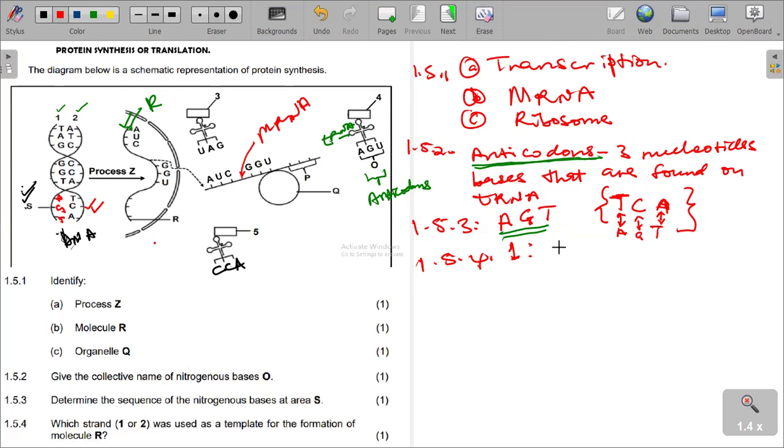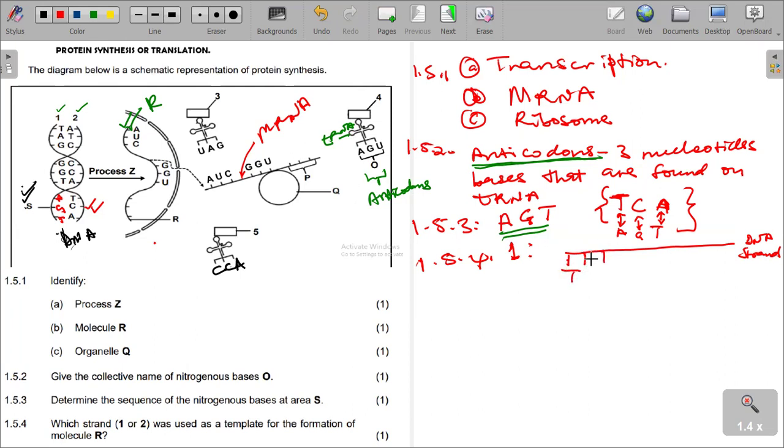The strand that was used, this is a DNA strand. Let me just put it horizontal, so that we can get it right. We are saying our DNA strand there is supposed to have the complementary nitrogen bases there.